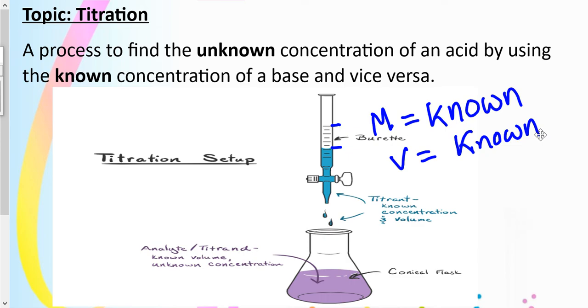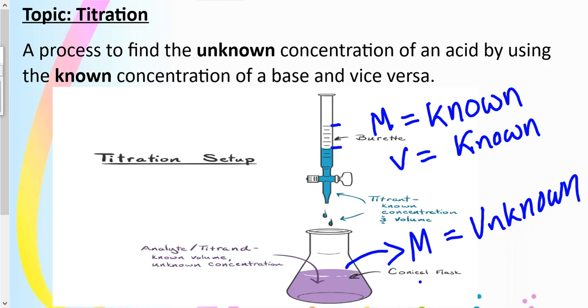So it could be acid, could be base, depending on our unknown. In the Erlenmeyer flask right here, we usually have our unknown, and that's the concentration we're trying to figure out. And the volume should be known because you can use a graduated cylinder to measure the volume of the unknown concentration, right?